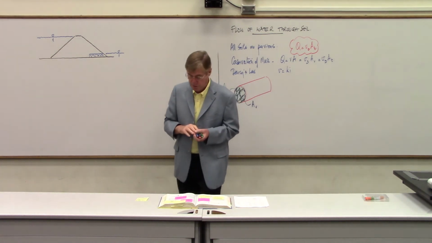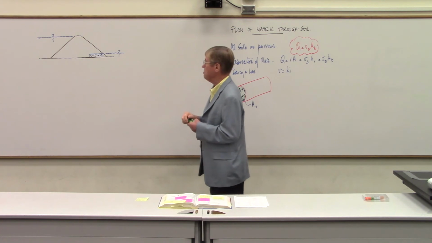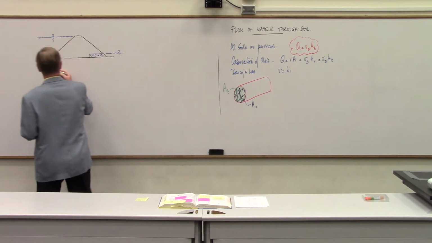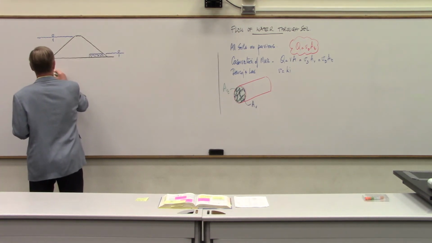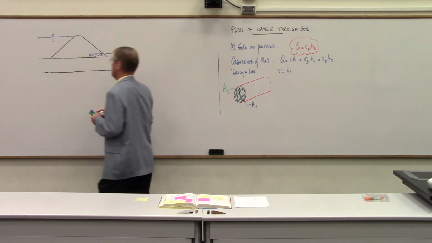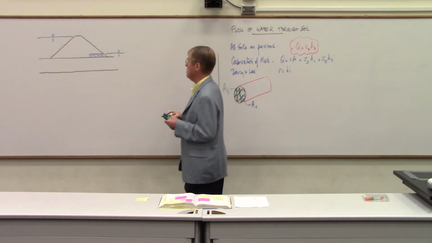All right, so first definition, we're going to talk about energy, water energy. Well, let's say that we have an impervious layer at some depth here, because that's going to become useful. You don't have to have it, but it's a useful concept.